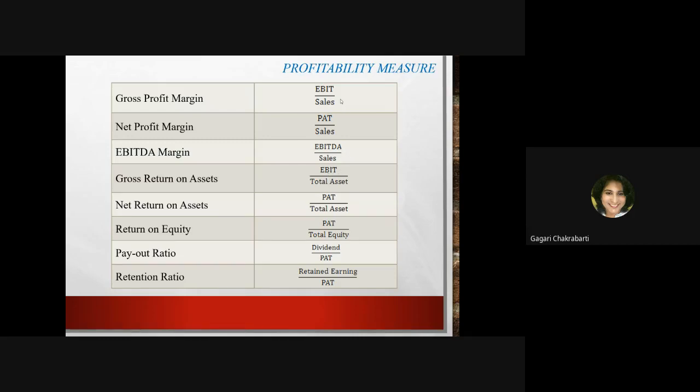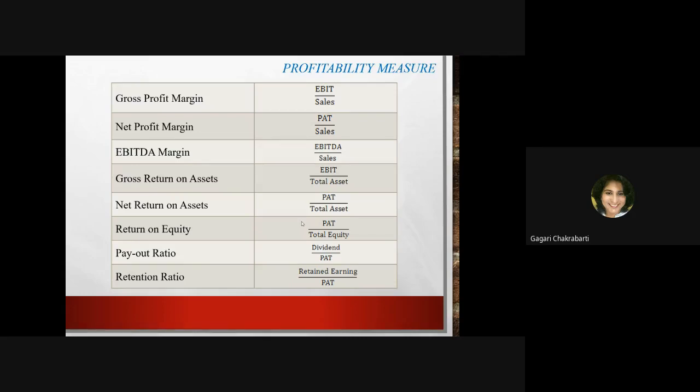Now, the difference between these two is that in the first case, we are showing how much of sales is being converted into profit, and here we are saying how much profit is generated per unit of the total asset. But once again, we should be very careful because this involves total asset, so comparing the firms may not be very easy. Whenever you are taking a decision on the basis of return on asset, be very, very careful about the nature of the firm. So the gross return on asset and the net return on asset.